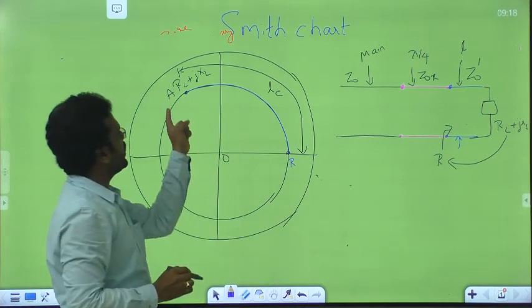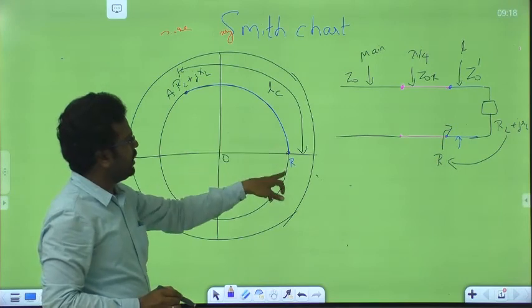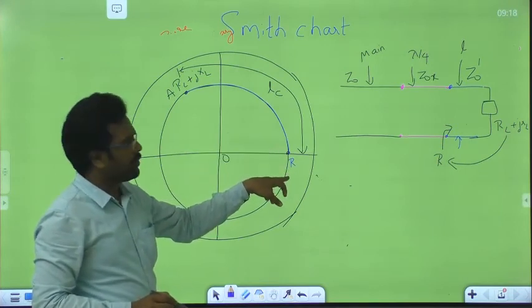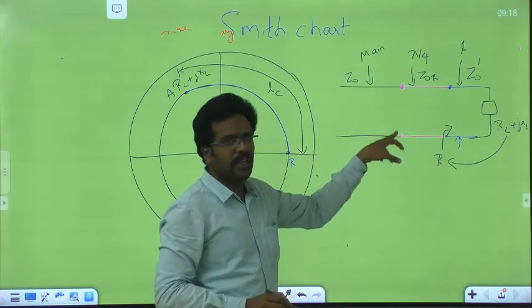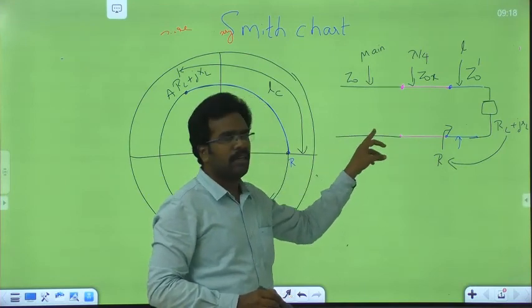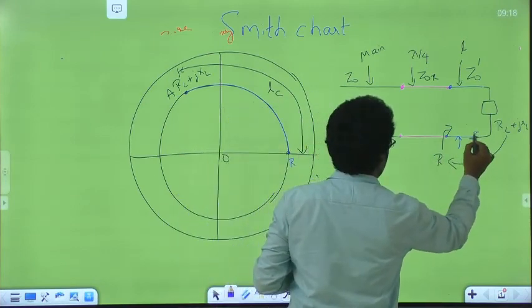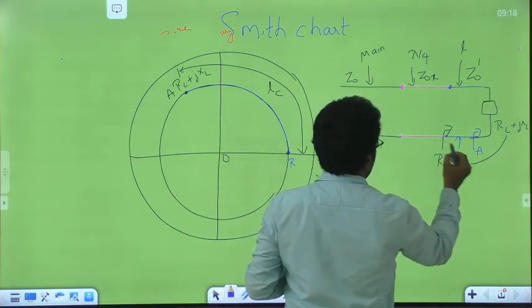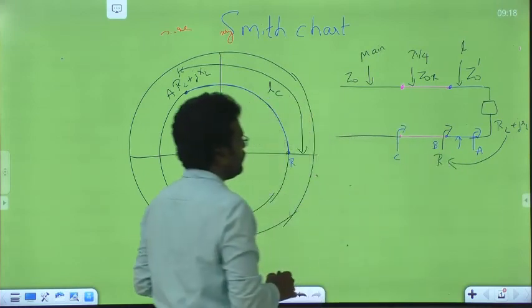After moving a distance of some L suffix C on this constant VSWR circle, it is going to give a real value. So from this R, go a distance of L suffix C to reach this point B. This is your A point, this is the B point, and this is the C point.